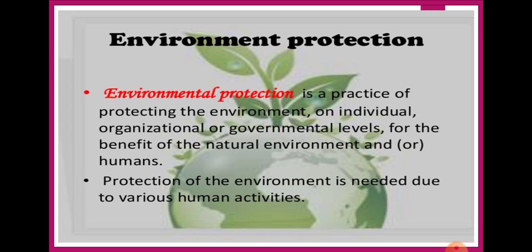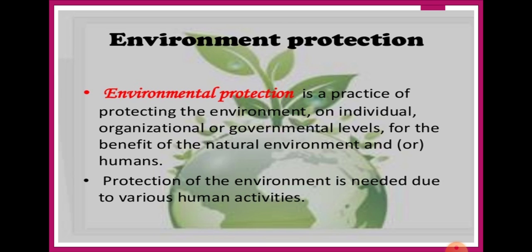Lots of people, animals, plants were affected by that gas leak. So after that only the Environment Protection Act was enacted in India in the year 1986. The Bhopal gas tragedy took place in 1984, and the EPA came into force soon after.